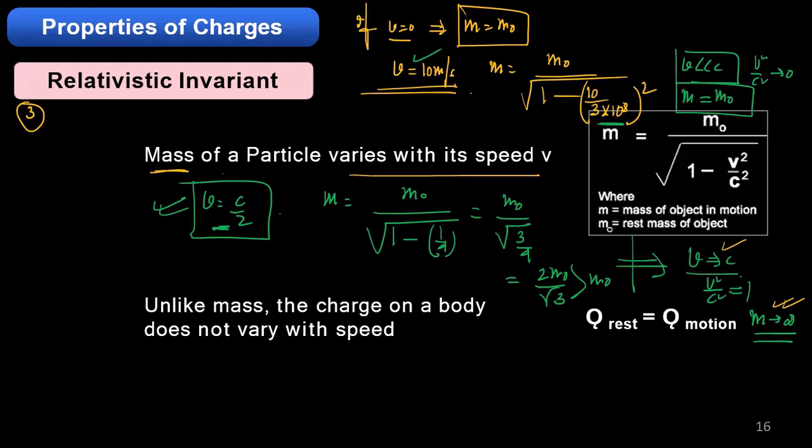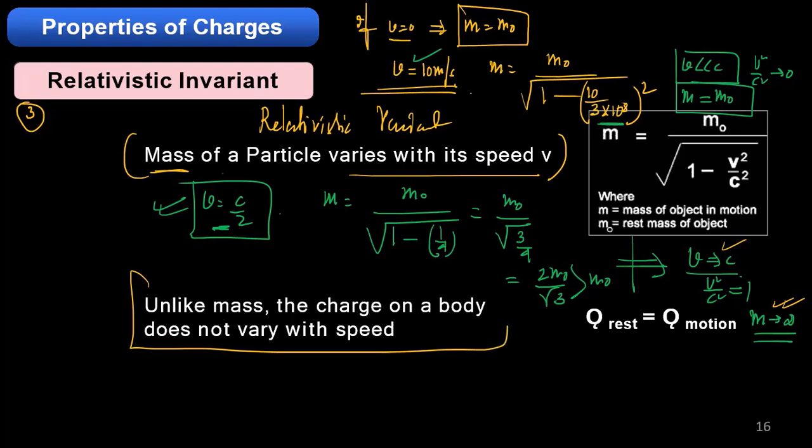So the mass of a particle varies with speed, and this property is known as relativistic variant. It varies, that's why it is called variant. But charge is not variant. Why? Because whether the charge is at rest or in motion, in both situations the charge is not changing, but mass is changing.